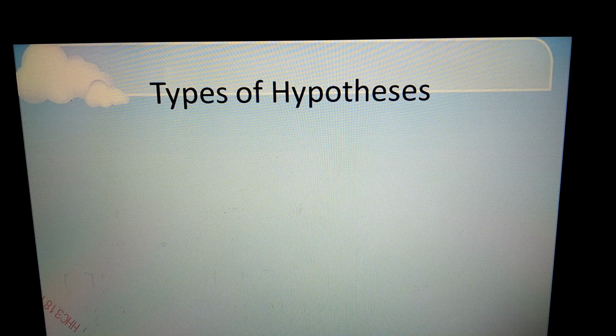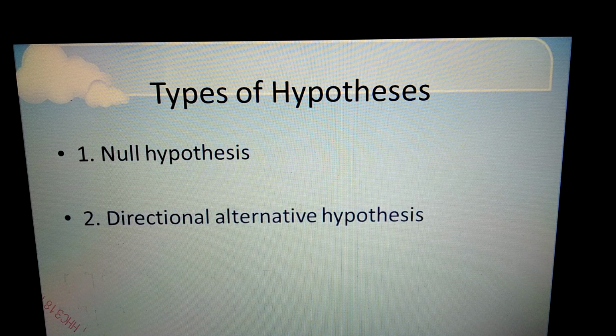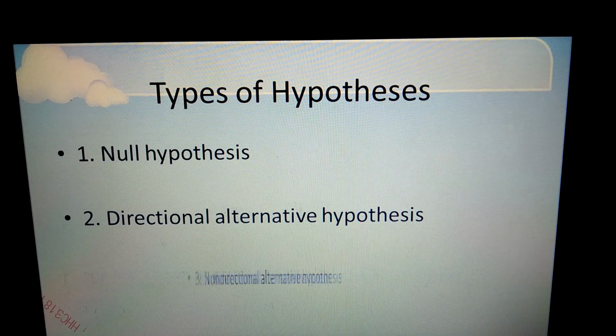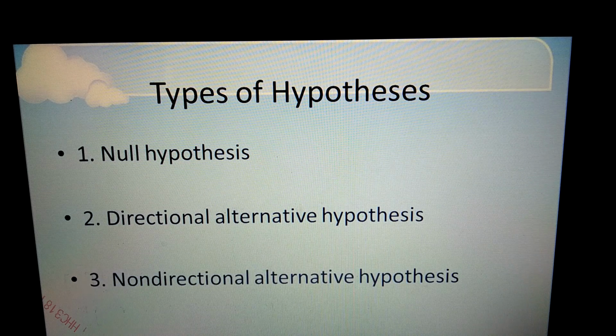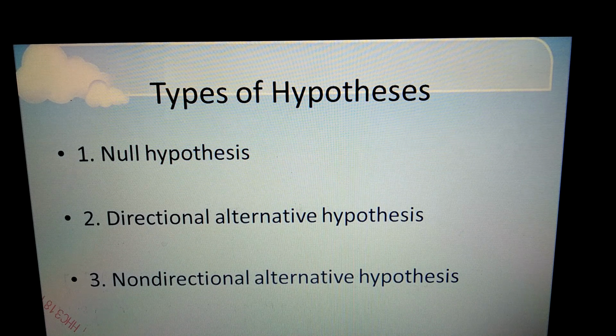The last type is nondirectional alternative hypothesis. Null hypothesis means no change in the dependent variable. Directional alternative hypothesis specifies the direction the dependent variable the researcher predicts will take place. The nondirectional alternative hypothesis does not specify the direction of the change in the dependent variable.